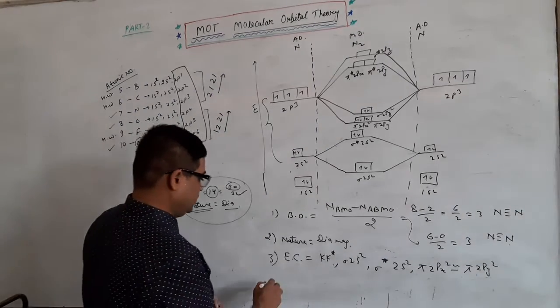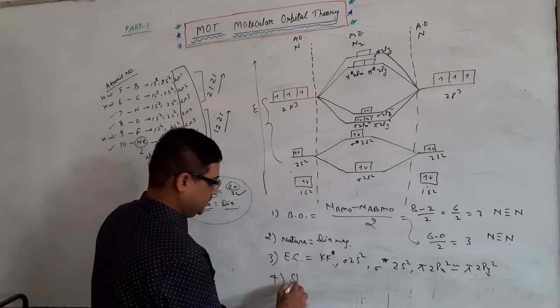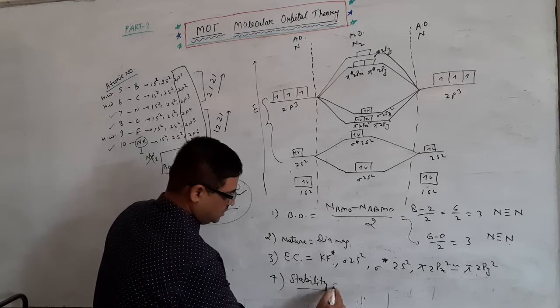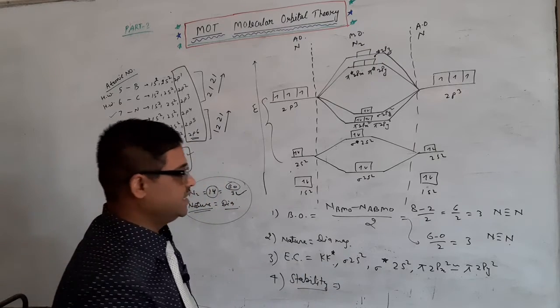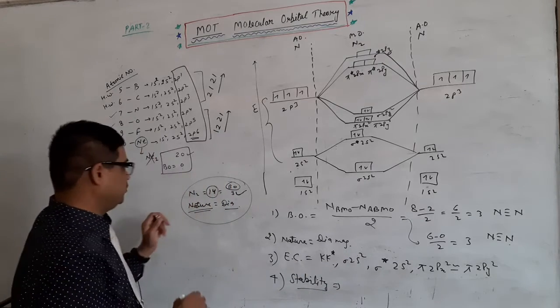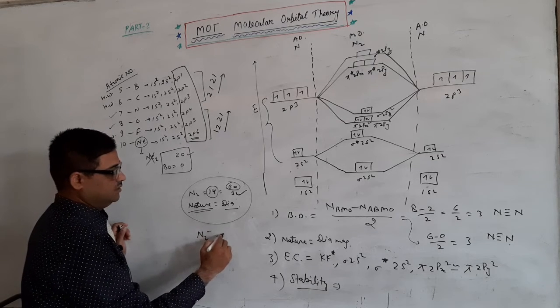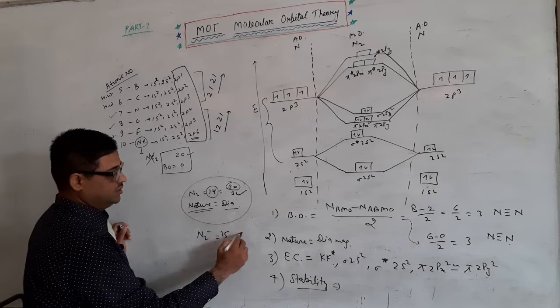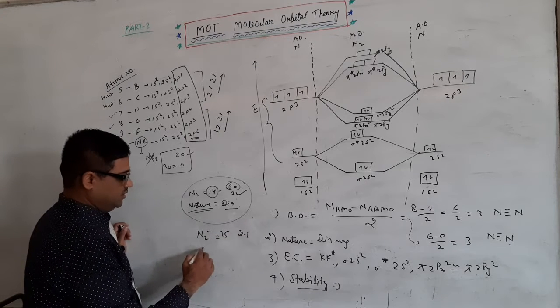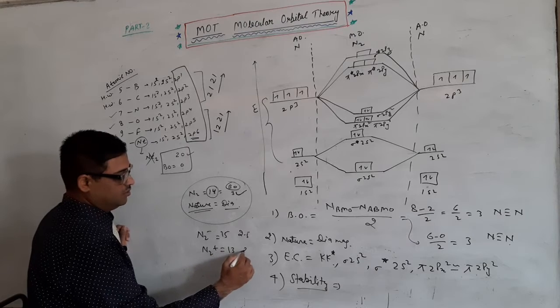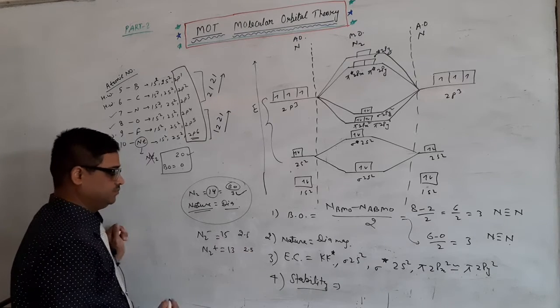Now fourth, stability order. You can write, if you take N2 minus, then the number of electrons will be 15, so the bond order will be 2.5. If N2 plus is there, then it is 13 and the bond order will be 2.5 again.